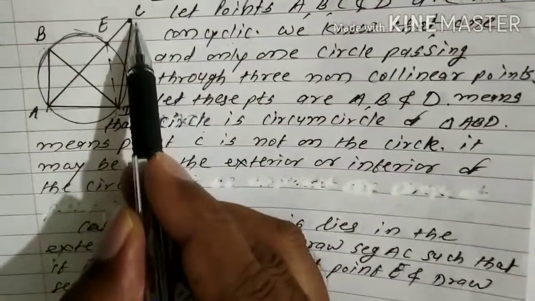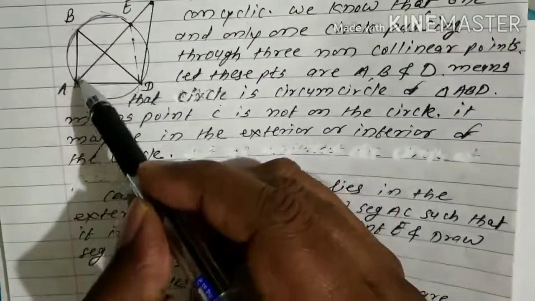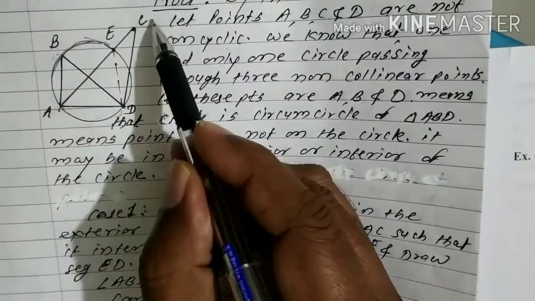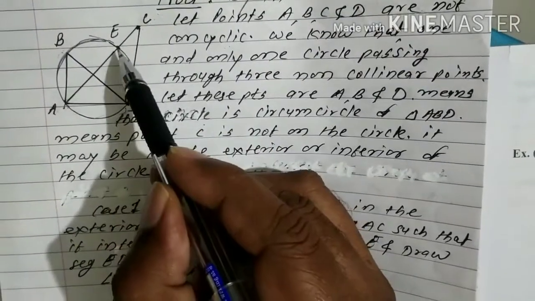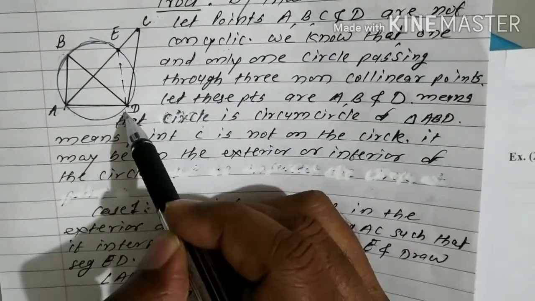Case first, let point C lie in the exterior of the circle. Draw segment AC such that this segment AC intersects the circle at point E, and draw the segment ED.